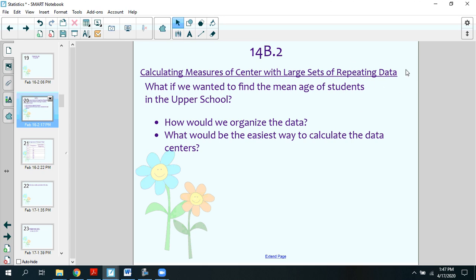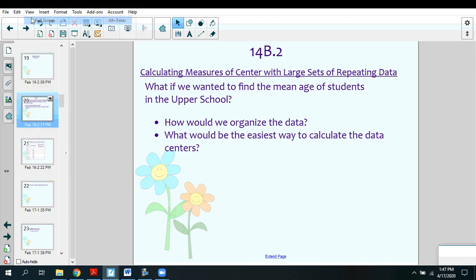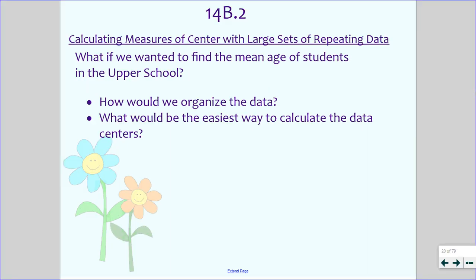This is a very common situation where you're going to see a number of people have the same data measurement, and you have a lot of data and you're thinking of what is the easiest way for me to calculate mean, median, and mode so I don't have to treat all these numbers that repeat separately. So just to be more efficient and more accurate.